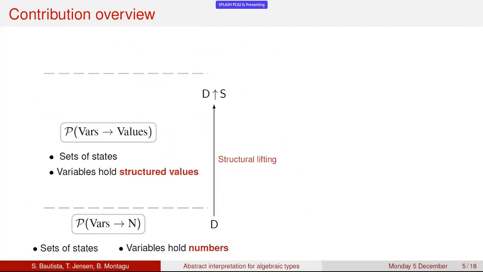So we extend those domains a first time with an extension that we call the structural lifting, so that now we have an abstract domain in which the abstract values concretize to sets of states, but in which the variables now hold values of algebraic types that I call here structured values.